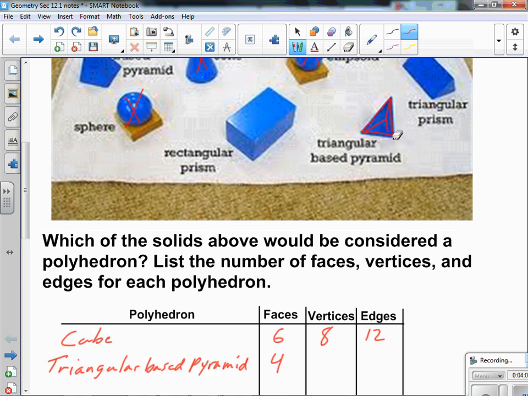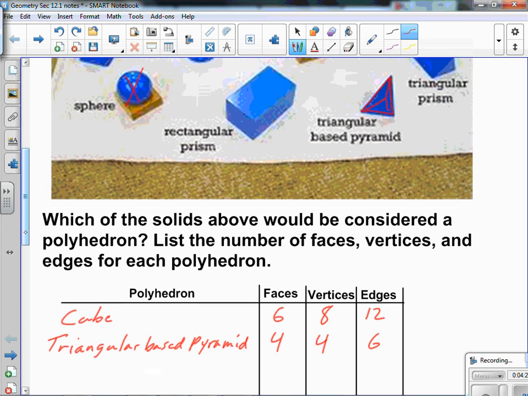Vertices, you got 1, 2, 3 on the base, and then 1 at the top where the 3 triangles come together, so 4 vertices. And then edges, you have 3 at the base, and then 1, 2, 3 going around the side, so 6 is the number of edges.